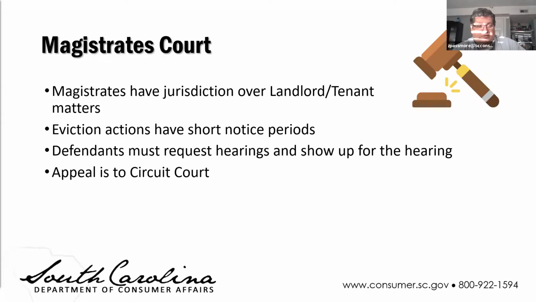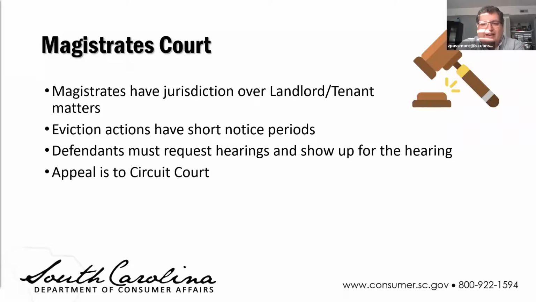If there is an order of eviction and the tenant requests a hearing, they must show up for the hearing, obviously, or they risk getting a default judgment against them. So if you're going to request a hearing, you have to show up. You can also request a trial by jury if that's what you want.